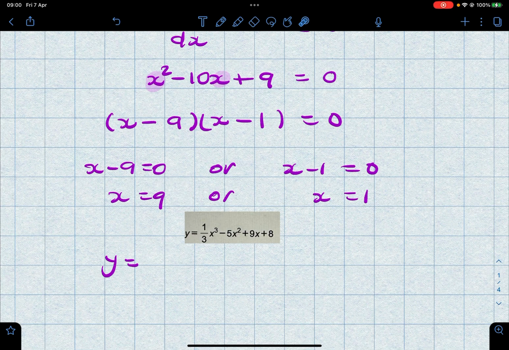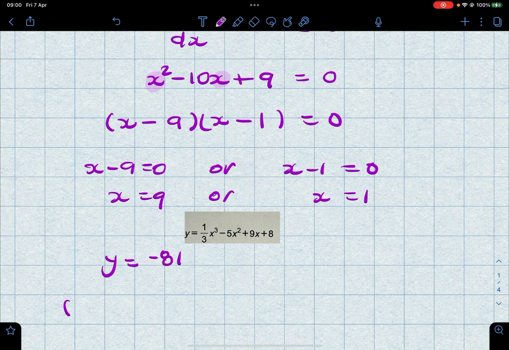So while I grab a calculator, one over 3 times 9 cubed minus 5 times 9 squared plus 9 times 9 gives you minus 81.